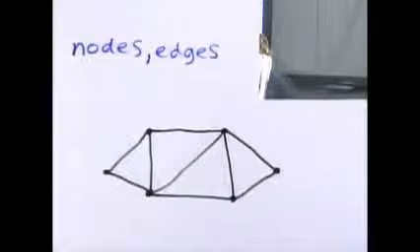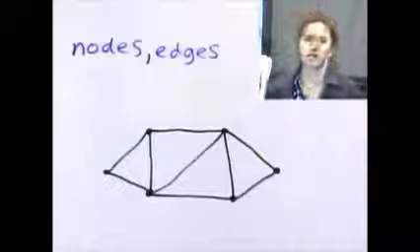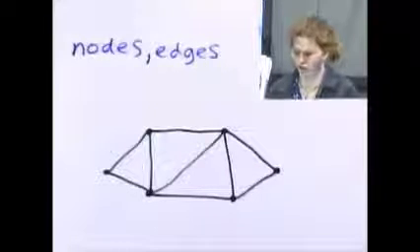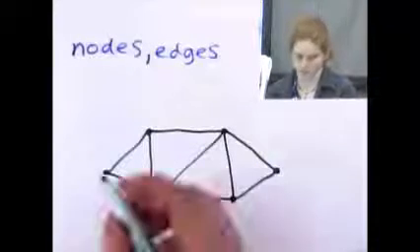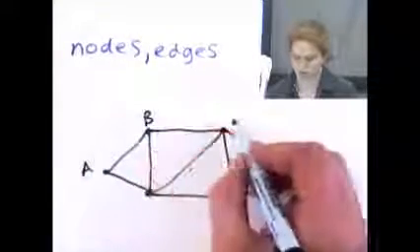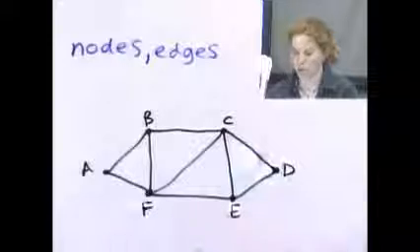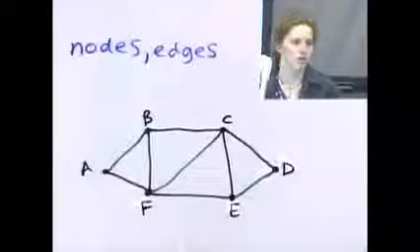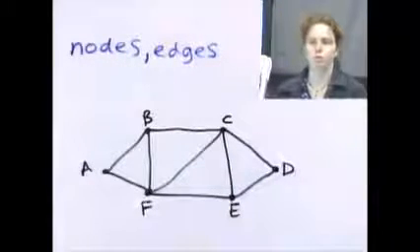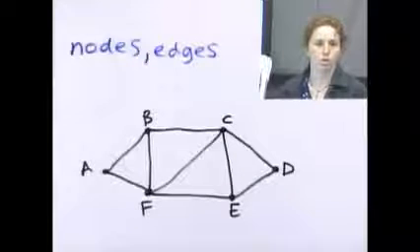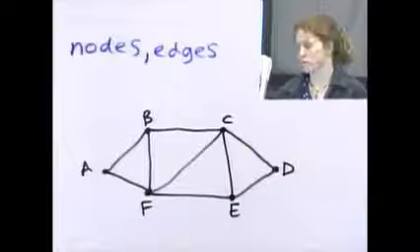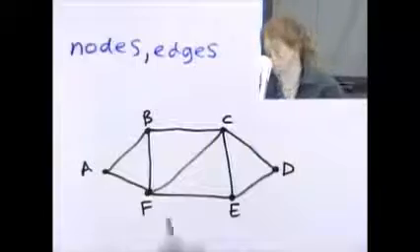What is something else that you might want to know about these cities and the interstates that isn't really marked on here, besides the names of the cities? Right, distances. So we can actually label the edges with weights or distances or any other number that we might want, like prices. So numbers we can assign to the edges will be called weights.